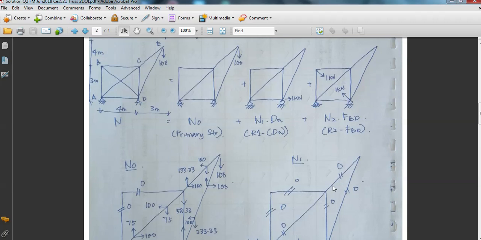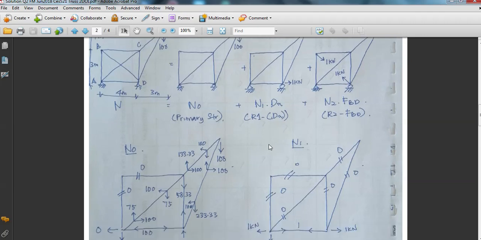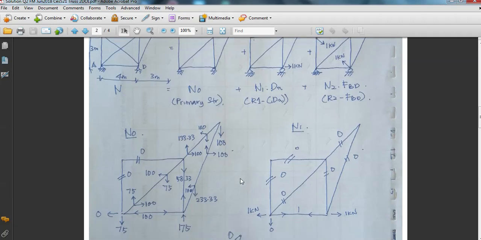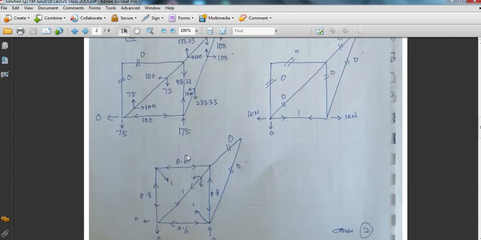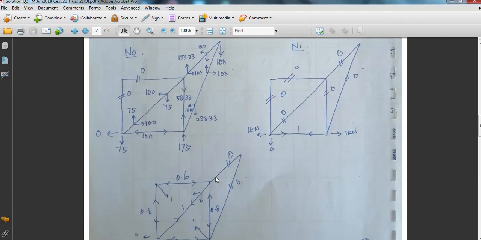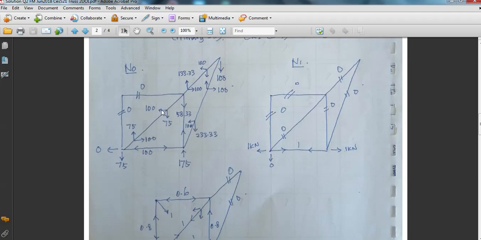But here it is better we use the simplified joint method, or what students normally call the easy method. After you apply the simplified joint method, this is how you determine all the internal forces: this for the primary, this for redundant number 1, and this for redundant number 2.